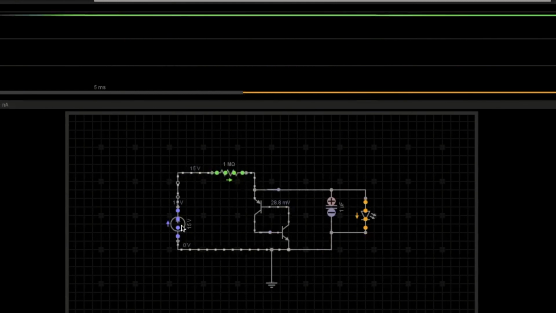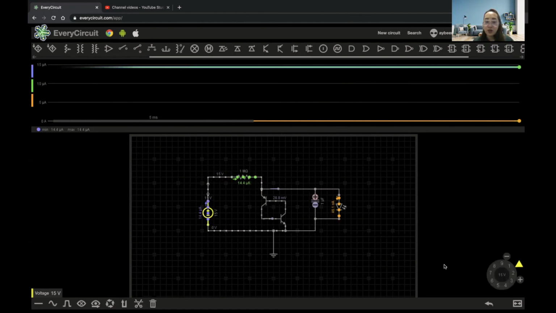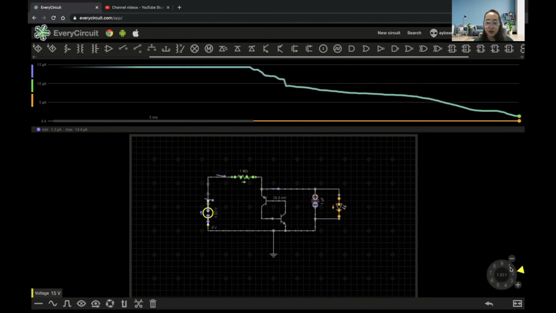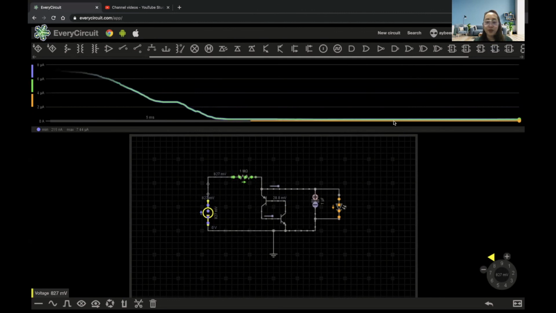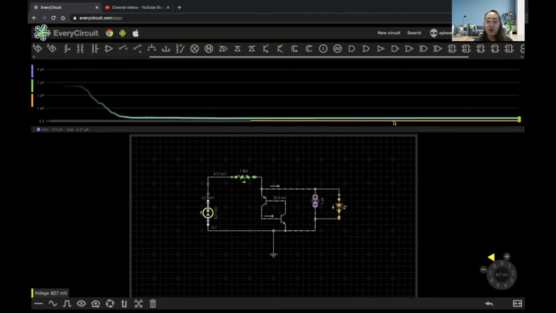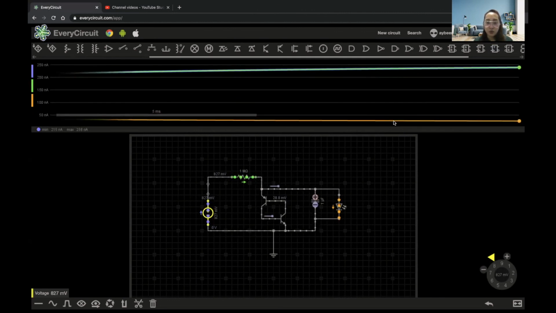Then you can turn off the Shockley diode by gradually decreasing the supply voltage. So let's say we gradually decrease it, will it turn off? See, yes, it turned off. So that is how the Shockley diode works, okay?